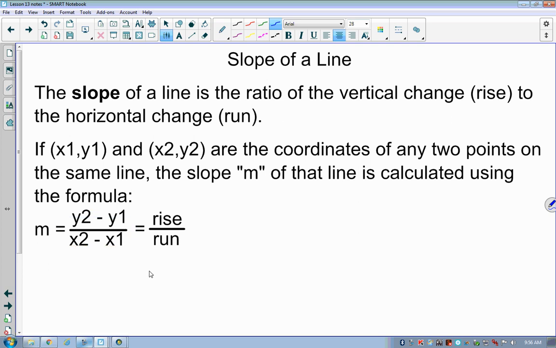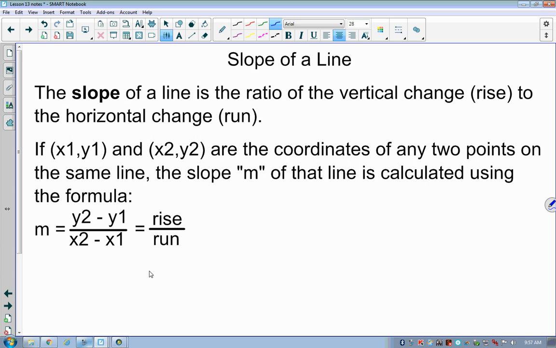Okay, our formula for finding slope uses our coordinates. So if I have 2 coordinates and I want to know the slope of a line, I'm going to take y2 minus y1 over x2 minus x1. Now, just like what we talked about finding the distance between 2 points, does the distance between 2 points change if I'm finding from A to B or the distance from B to A?